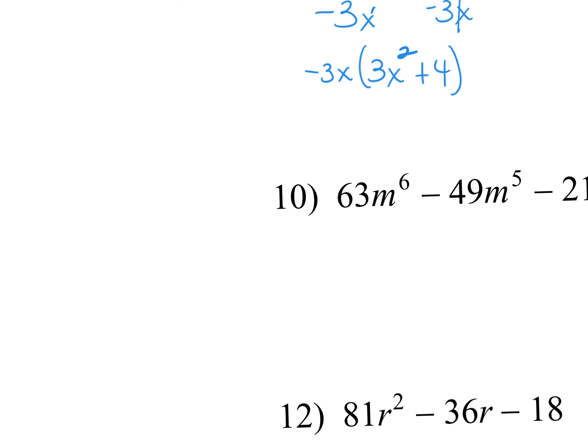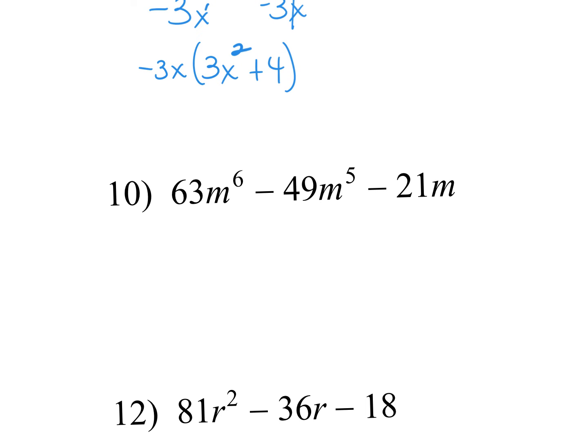But let's go on over here to 10. Oh, geez, the numbers get big. A lot of times, the smallest number can help us decide what's going to go into all 3. But you notice that all 3 of them are divisible by what number? 7? Yep. Do we also have something else in common? M's. So I'm going to divide everything by 7m.